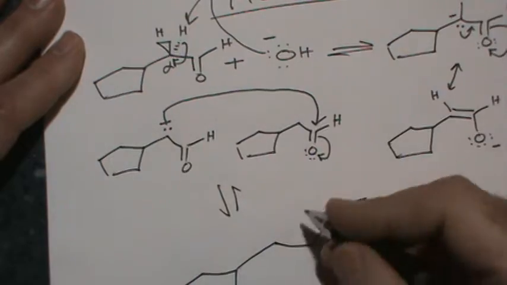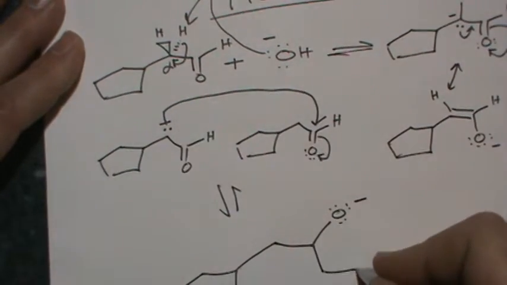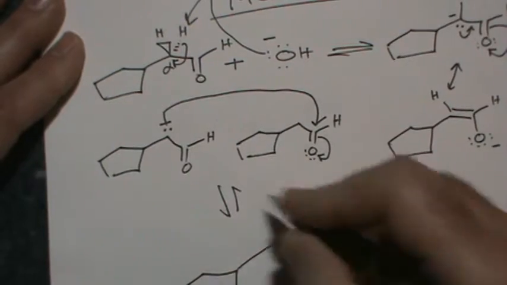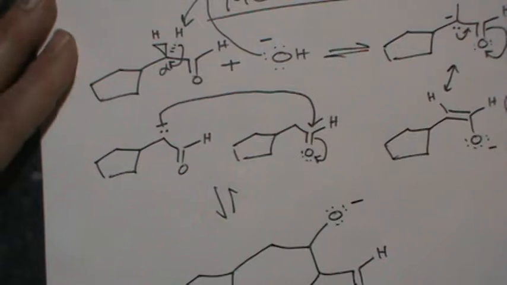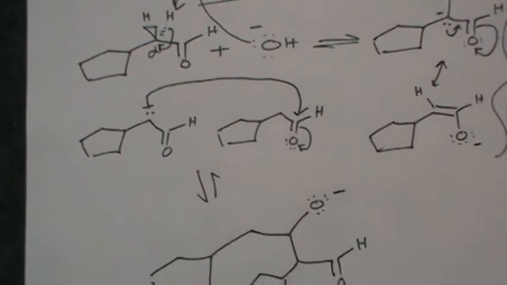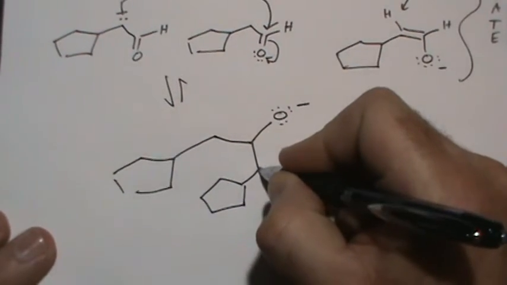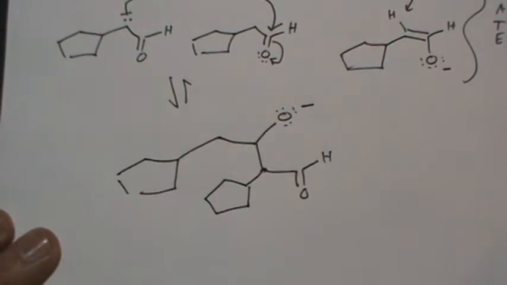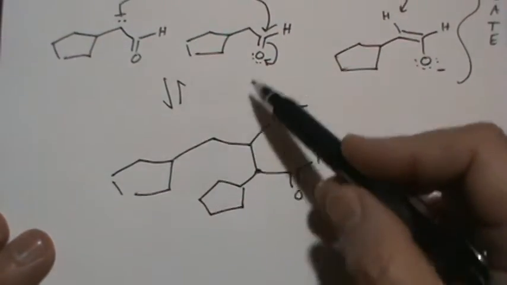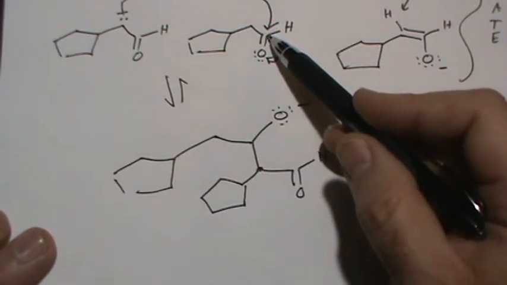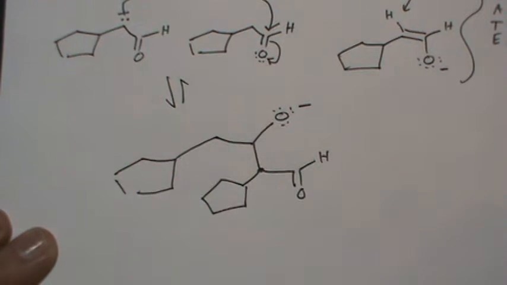This is the carbon that attacked. There it is. It's still attached to an aldehyde group, and it's also still attached to this 5-membered ring. So if we look at that structure, you can see that this carbon, which I'm bold facing here, was the nucleophilic carbon of the enolate, which attacked the electrophilic carbon of the neutral aldehyde to give this structure.